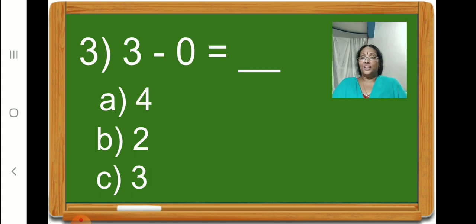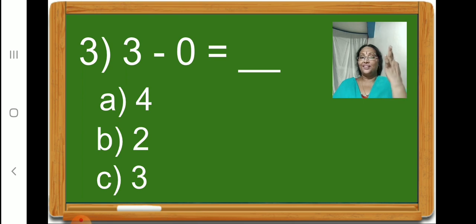Now, children, let us solve question number 3. 3 minus 0. Children, here we have to minus 0 from number 3. Children, this also you can solve by using your fingers.